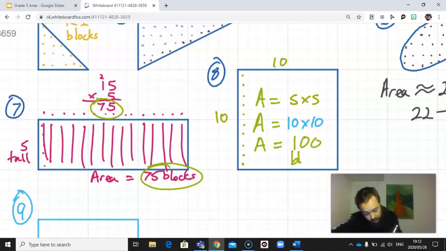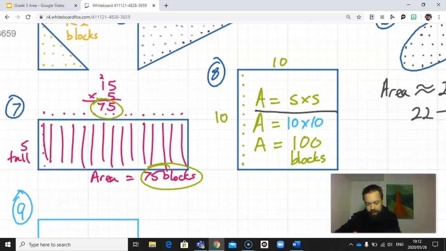You must write the word blocks, otherwise you've made a mistake. So in fact there I only needed to count one of the directions and I could get the answer. This is pretty cool, knowing this little shortcut. Area for a square is equal to side times side.